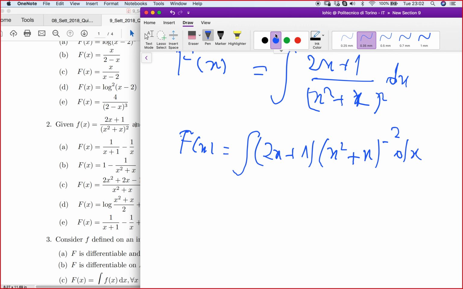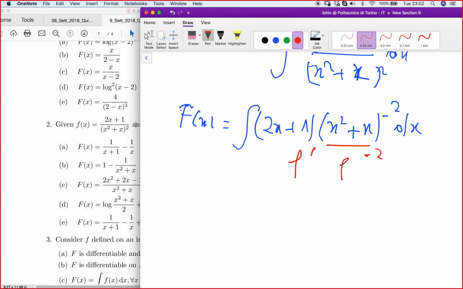So once more, I recognize that this is f prime, and this is f to the power minus 2. So the result will be f to the power minus 2 plus 1, divided by minus 2 plus 1.